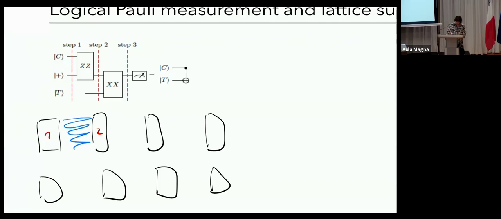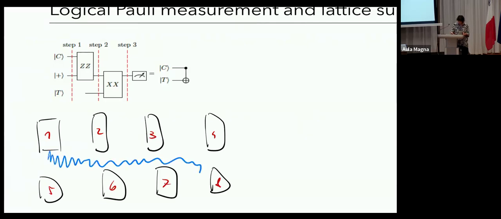The problem is that if you want to make a logical CNOT between qubit 1 and qubit 8, it's a bit more difficult. Either you have to swap a lot or you have to add things in the middle to measure and connect the 2 of them.